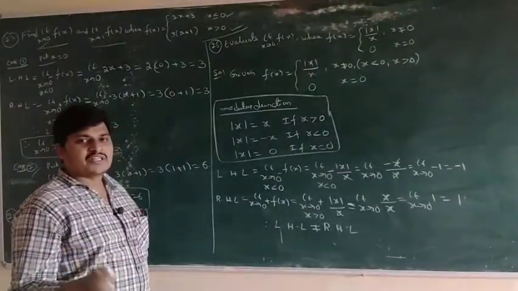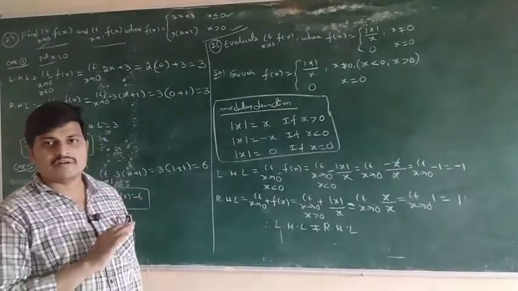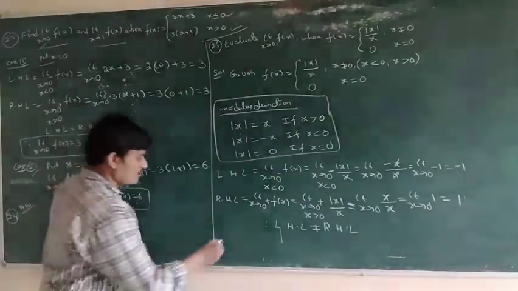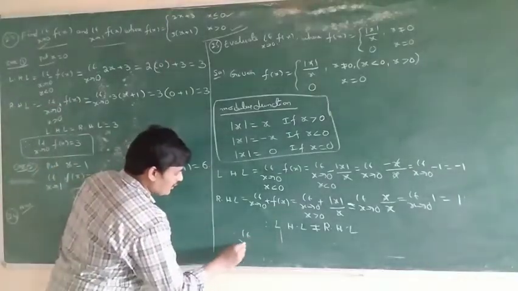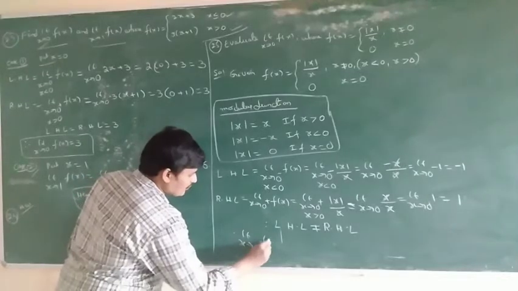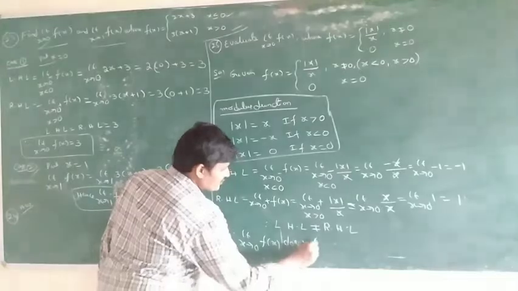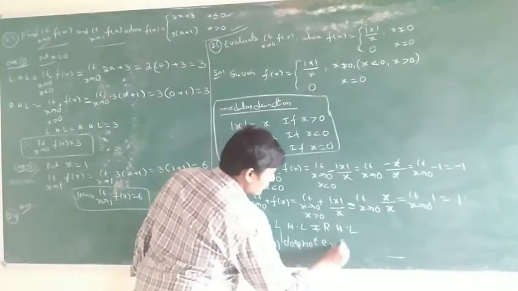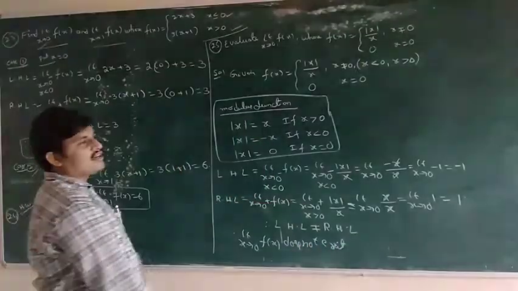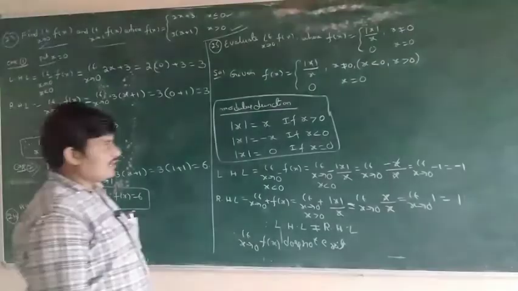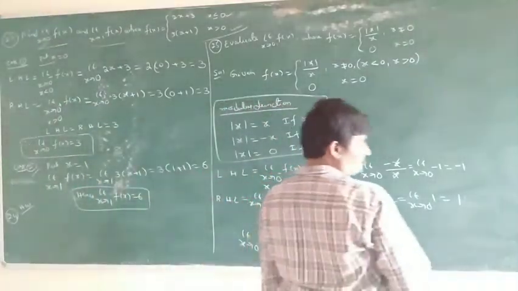Limit does not exist means the value also does not exist. So therefore limit x tends to 0 f of x does not exist because LHL is not equal to RHL. Okay.